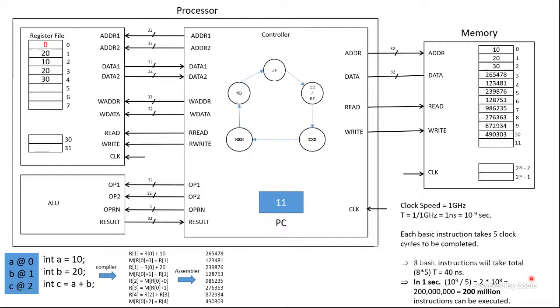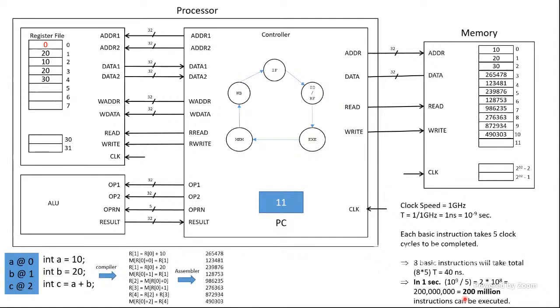And even if you think that each high-level statement in the program you are writing breaks down into, let's say, 5 basic instructions on average, that's an average statistic of 5 instructions per high-level instruction. That means per second we are executing 200 by 5, which is 40 million high-level instructions, which is huge, right?